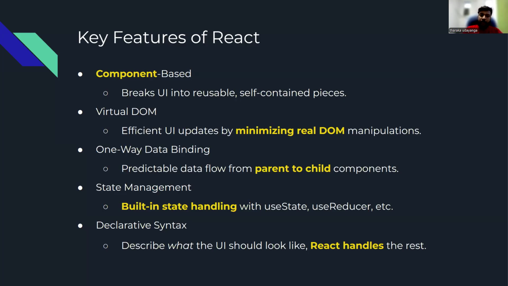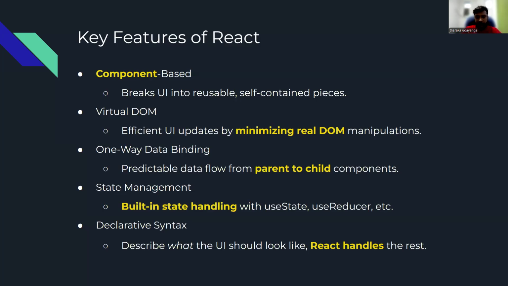And React is about one-way data binding. Normally the data flows from parent to child, but anyway, we can pass data from children to parent as well. We can learn about that as well. And then state management. If you are familiar with React, you should already be familiar with words like useState, useReducer, useEffect.